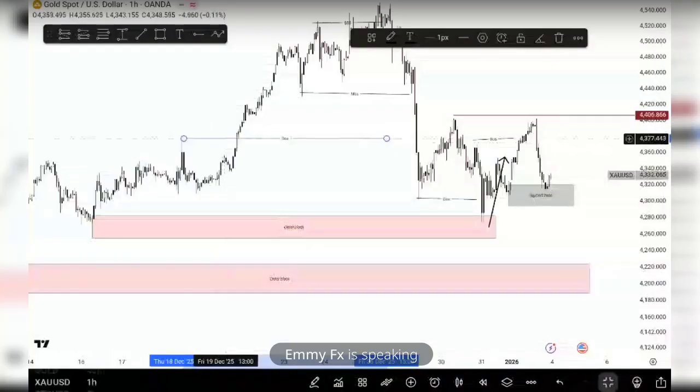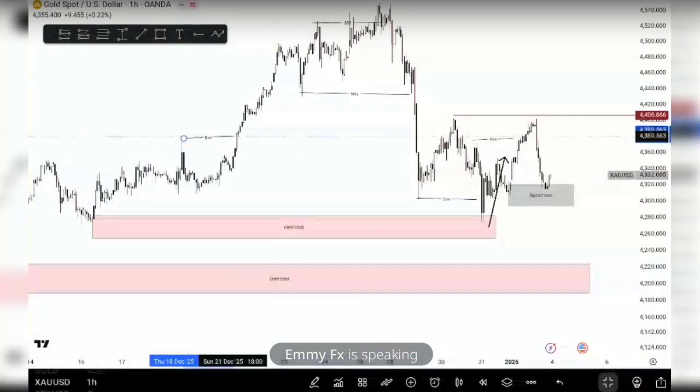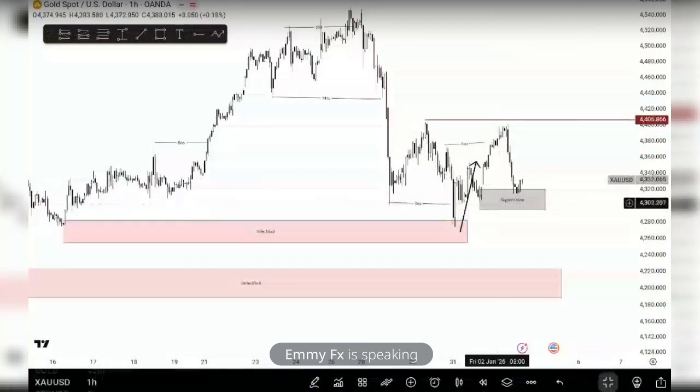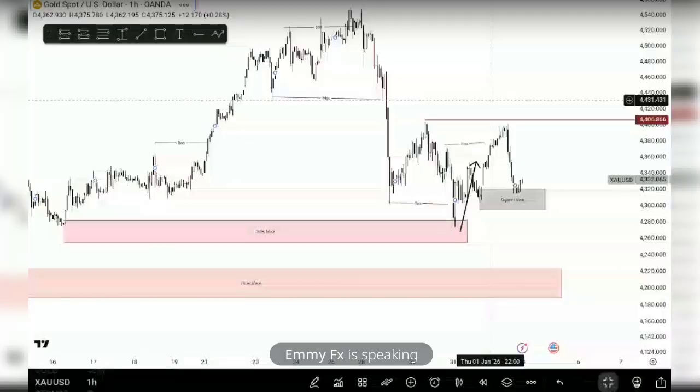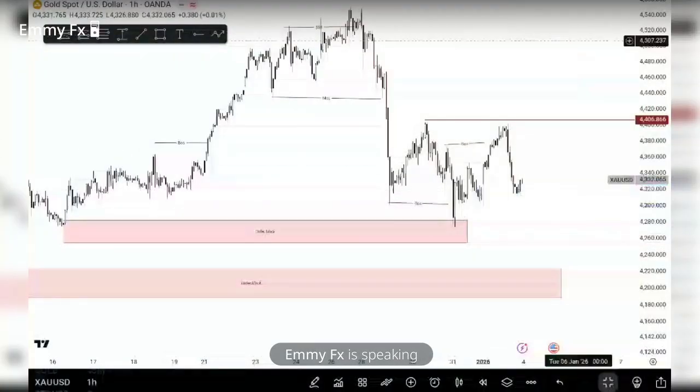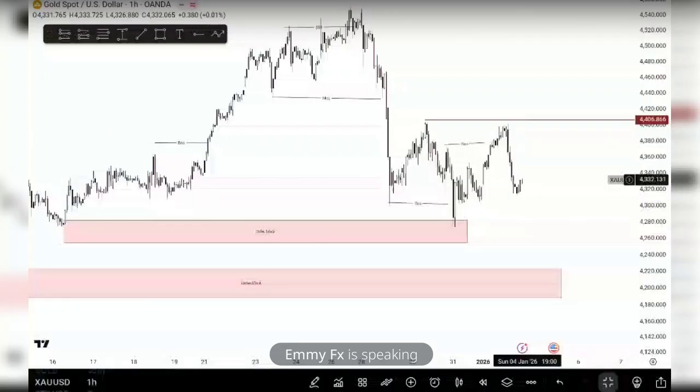So I want us to refine this other break of structure. Since price reacted from this other block, we have this internal MSS.